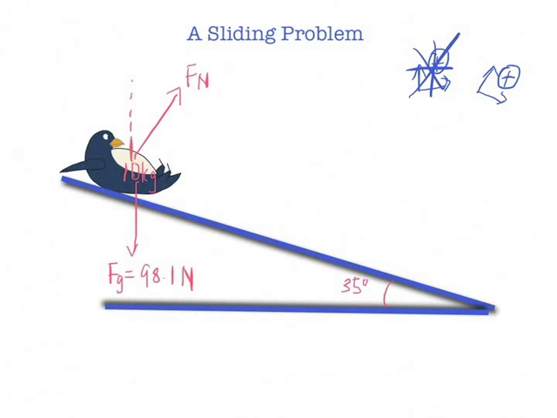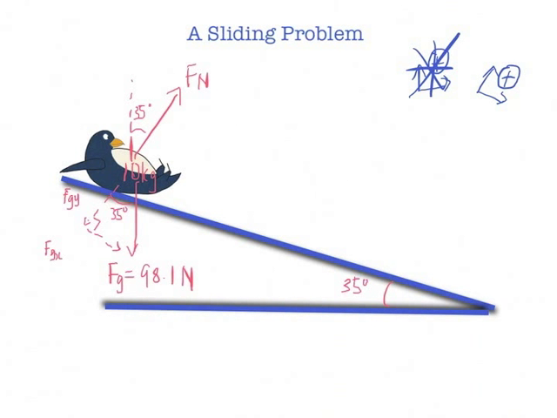Now we'll have to break down the weight, right? We want the weight to be expressed as these component forces that lie on the axes that we've set. So we have weight going like this and going like that. That's 90 degrees. That's weight in the y direction. That's weight in the x direction. Now we know we've flipped this 35 degrees from the vertical line, so we have 35 degrees over here, which makes this one 35 degrees.